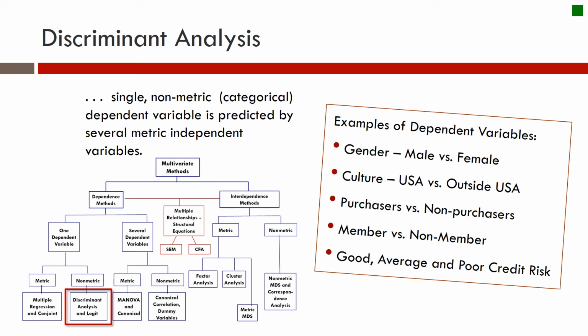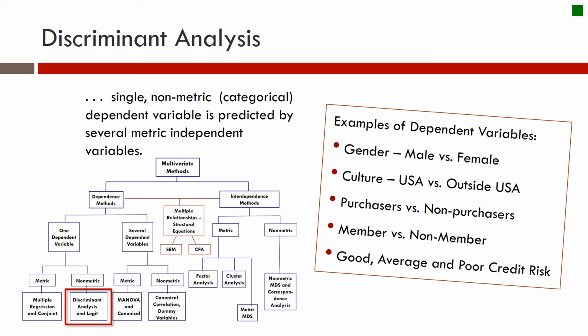Discriminant analysis is used when we have non-metric data. So we have categorical data, and that categorical data may help us predict a dependent variable.